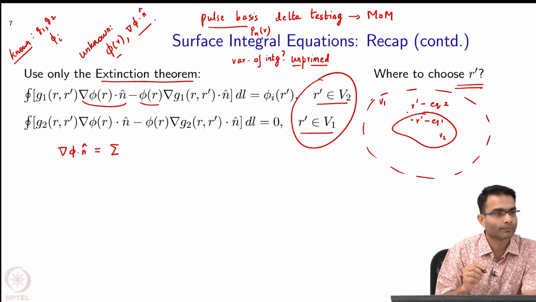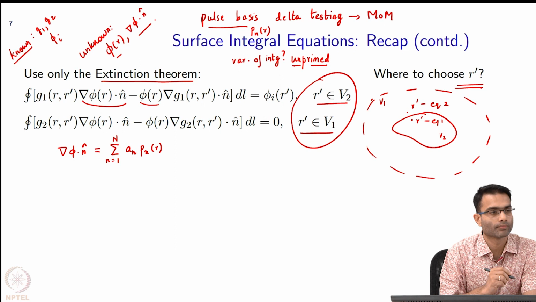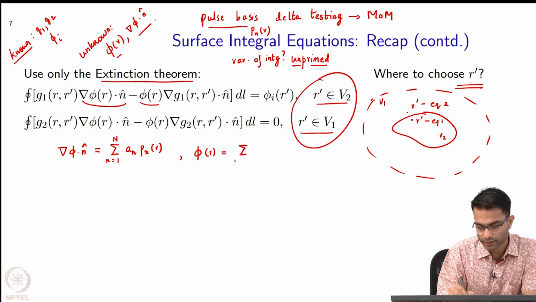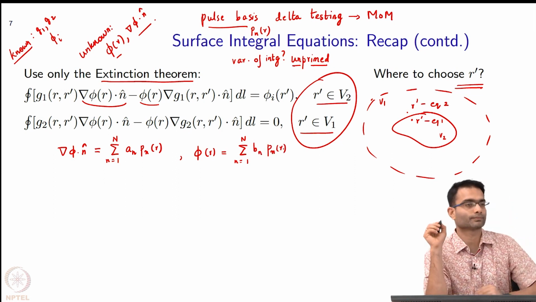So I can write the coefficient as a n P n of r, n equal to 1 to N. Similarly, for the other variable phi of r, I can write the sum over n equal to 1 to N of some new variable b n times the same basis function P n.